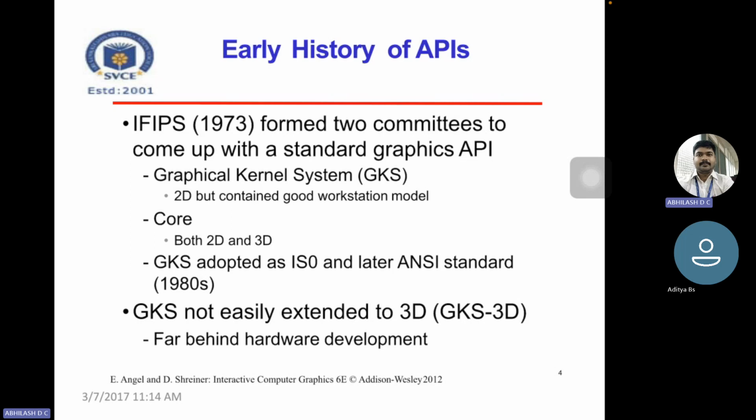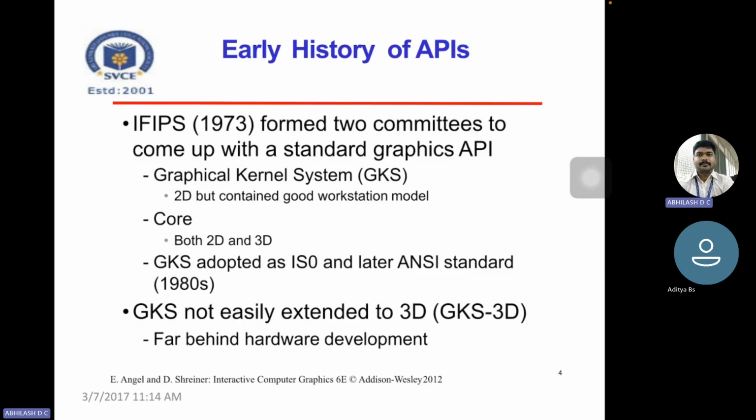History is very simple. IFIPS was the committee formed in 1973 to deal with the API. Initially, we had only two-dimensional APIs to deal with graphics.